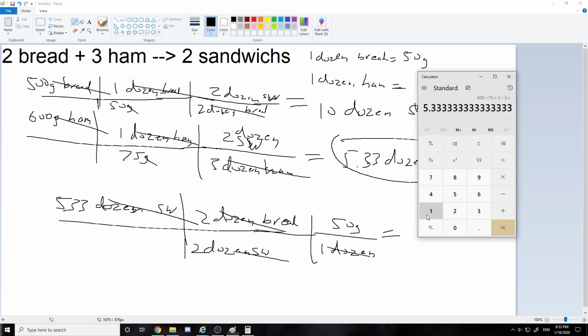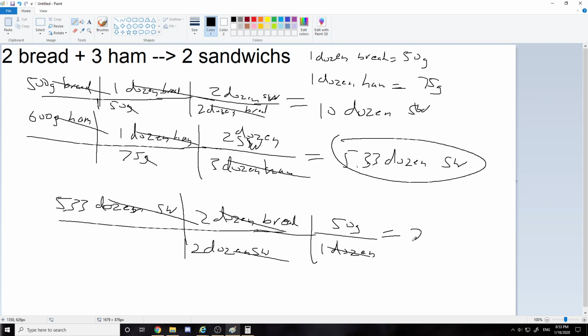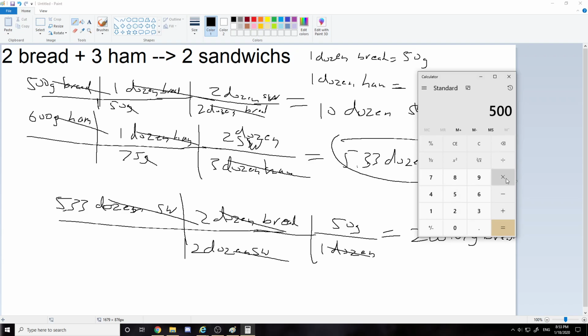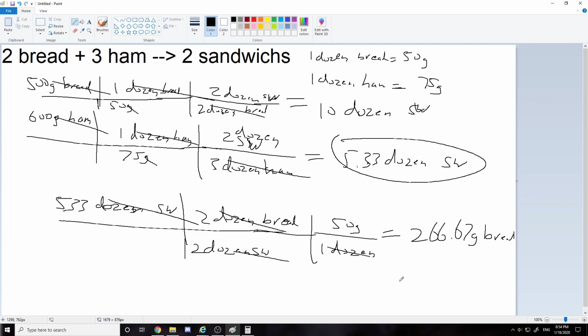So this is saying that we have 5.333 times 2 divided by 2 times 50. We have used 266.67 grams of bread. Well, if we start with 500, we have to subtract that. This is what we start with, minus 266.67 grams.